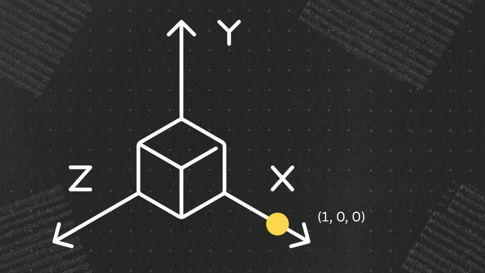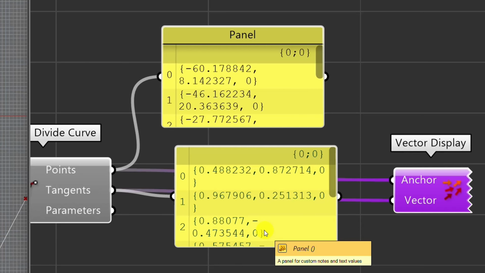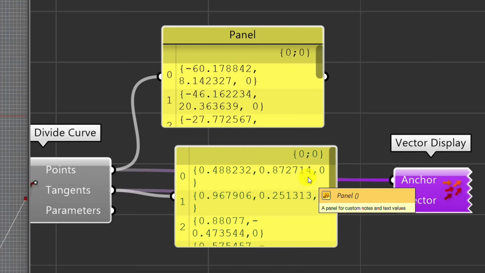If you are moving in the y direction, 0, 1, 0. If you are moving in the z direction, 0, 0, 1. This is clear to me, but I don't see any 1 in this panel.